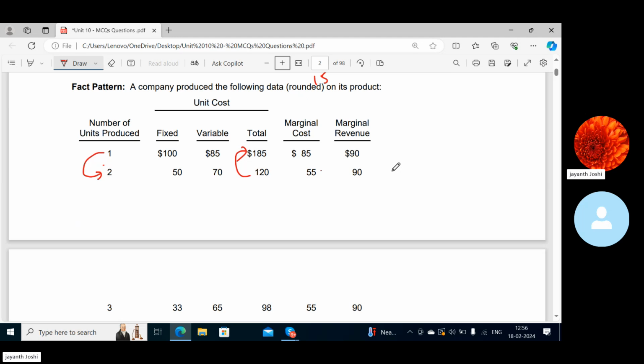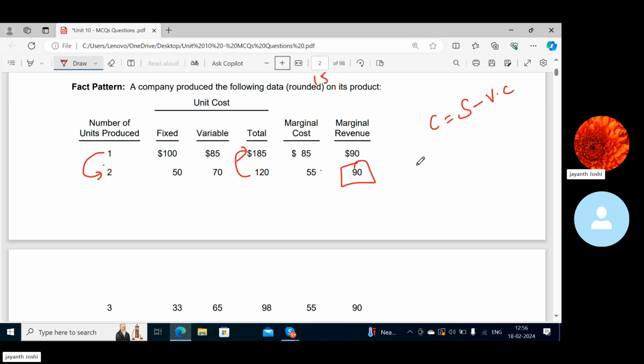If 2 units of product were produced and sold, the total contribution margin will be what? So we have to take the data of 2 units. We know contribution is equal to revenue minus variable cost. Now we have the marginal revenue here.